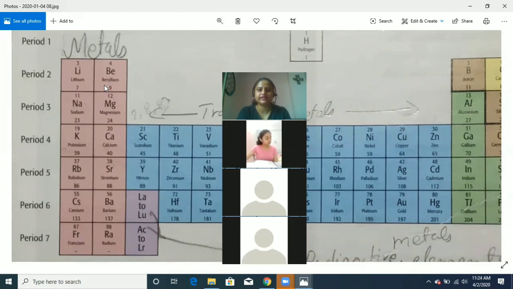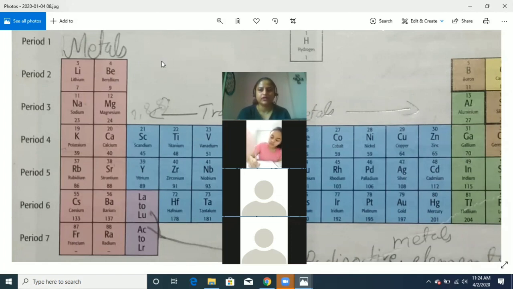It means when they react with air, oxygen, or with water, they form basic oxides or bases. Okay.